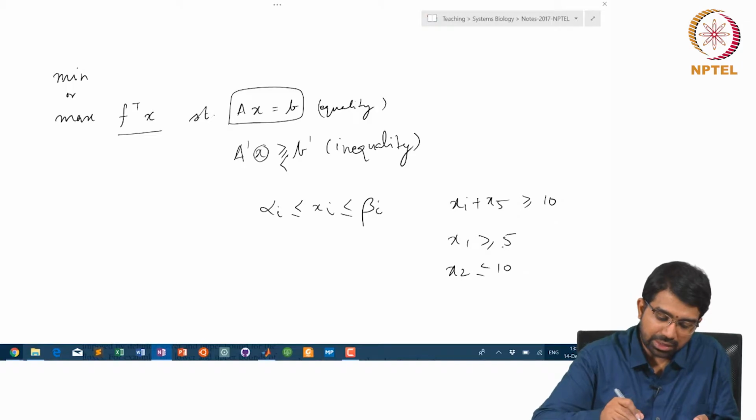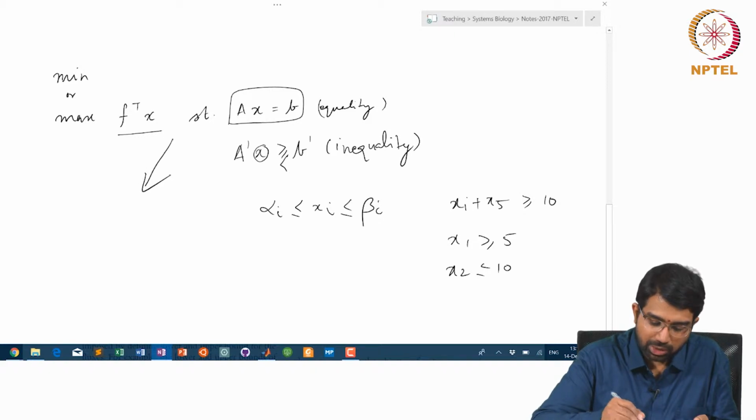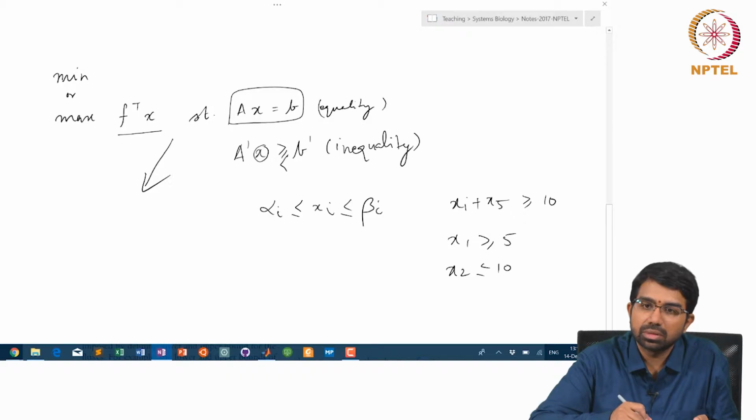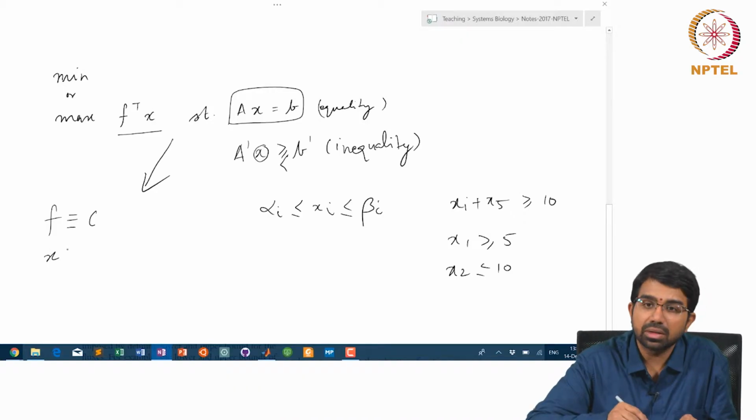So, now this is what I called yesterday the canonical FBA form. What are all the variables in our case? What is f? C. What is x? x is v.